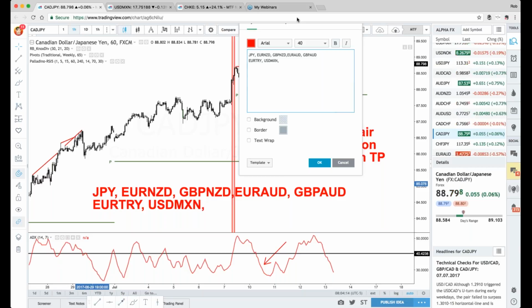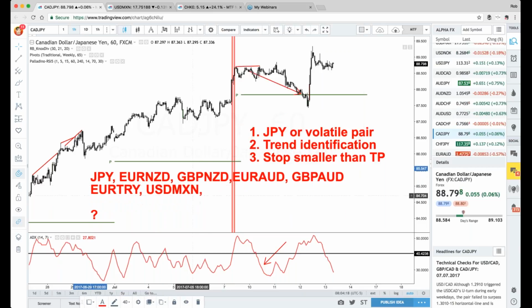What if your favorite currency pair is not on the list? What if you come up with an idea and it's different from what I just said? Well, my answer would be, congratulations. That's why you do this. If you decide that the Euro US dollar is your favorite to use with this robot, well, then the Euro US dollar is your favorite to use with this robot, and that's fantastic and spectacular.